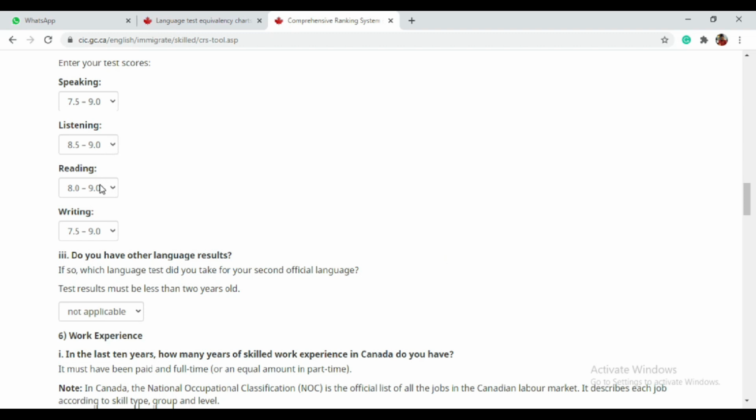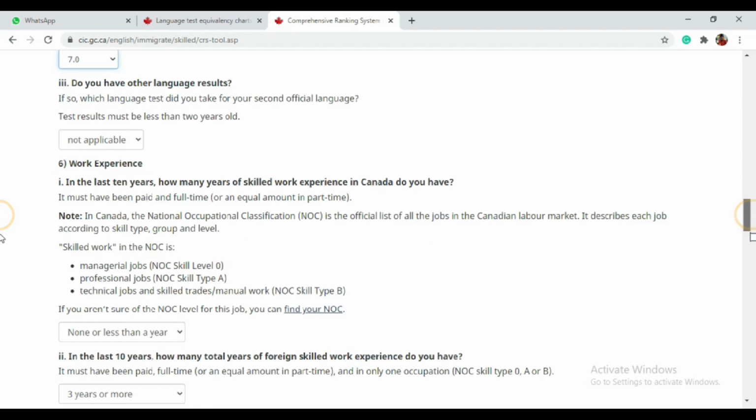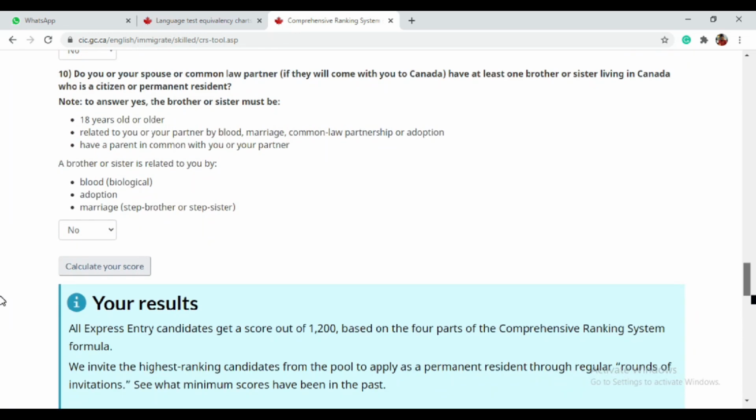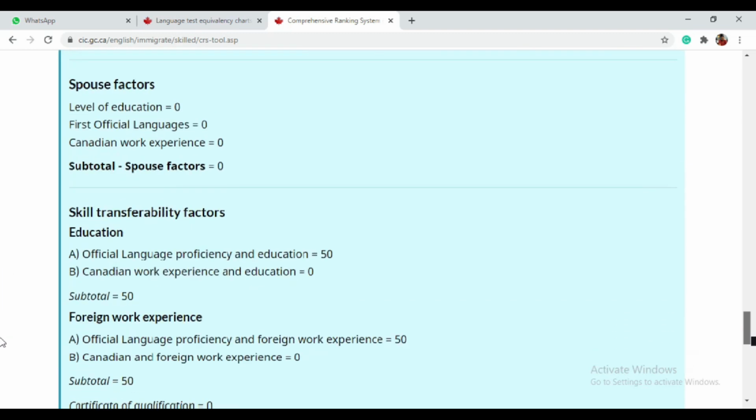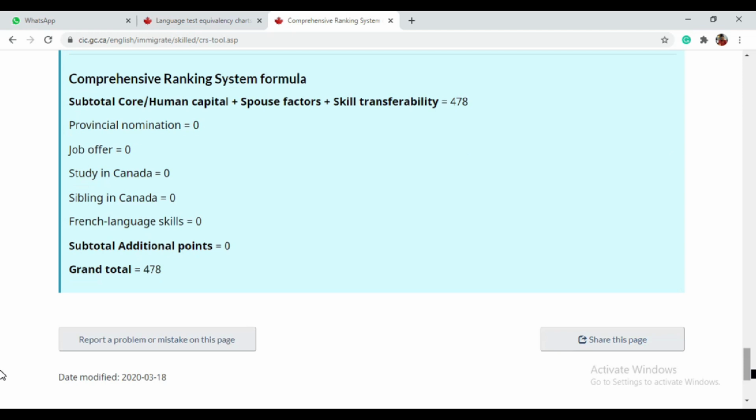Now let me just reduce writing by 0.5 bands. So now let's see what impact a CLB 9 in writing would have on our CRS. That is a difference of 3 points. Let me just confirm it. Yes. From 481, we came down to 478.